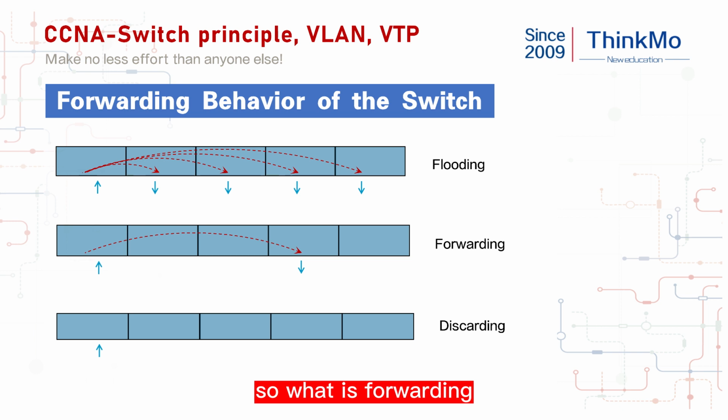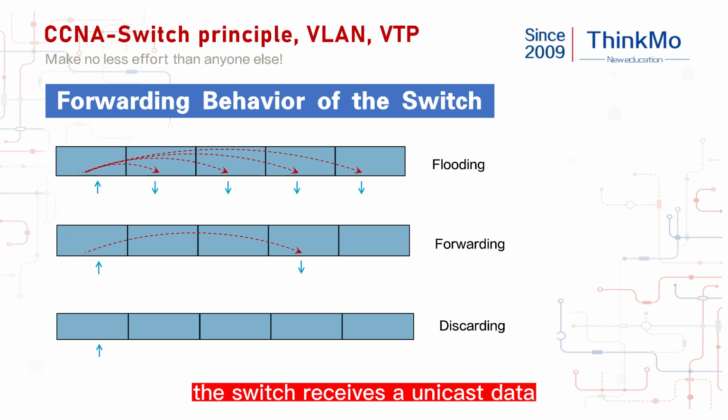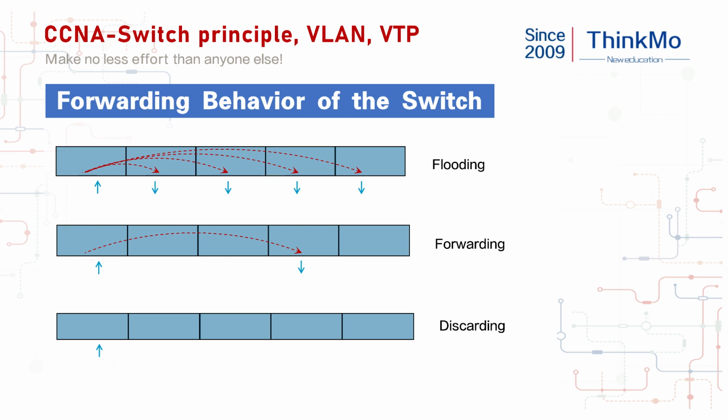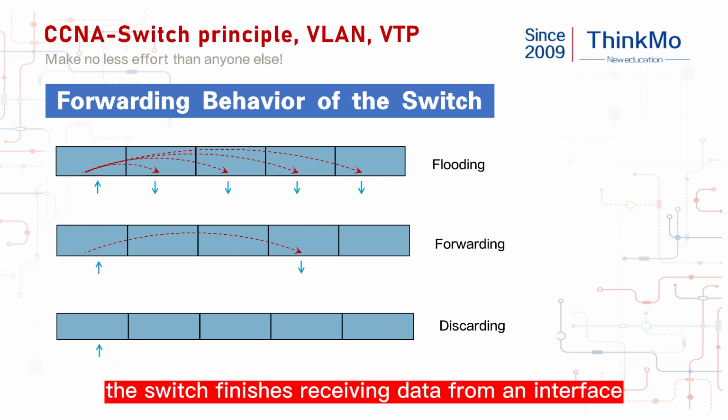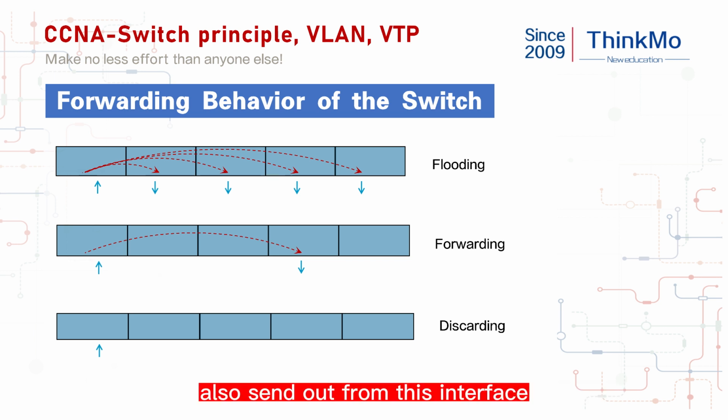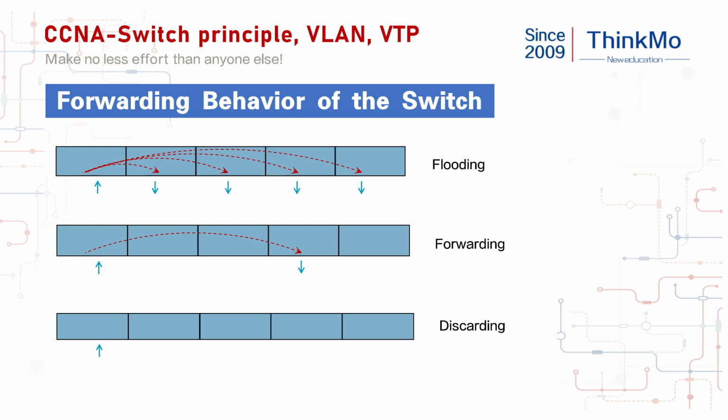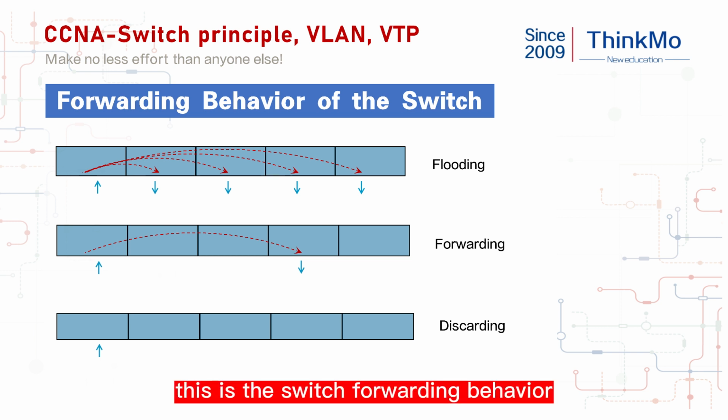So what is forwarding? The switch receives a unicast data, and there is an entry for it in the MAC address table, then it forwards. And what is discarding? It's what I just told you. The switch receives data from an interface and would also send it out from this interface, so it will discard this data. This is the switch forwarding behavior.